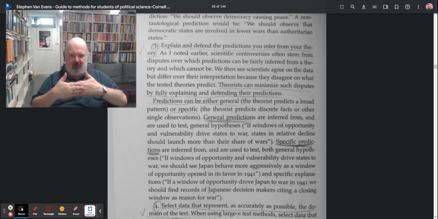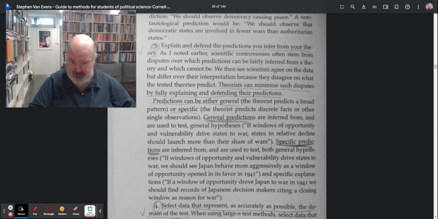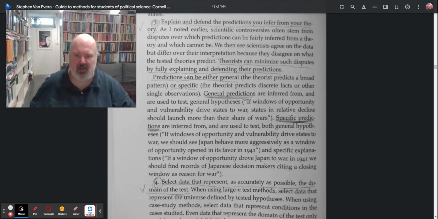Because they disagree on what the tested theories did predict. So you explain and defend your predictions. Predictions can be either general, where the theorist predicts a broad pattern, or specific, where a theory predicts discrete facts or other single observations.